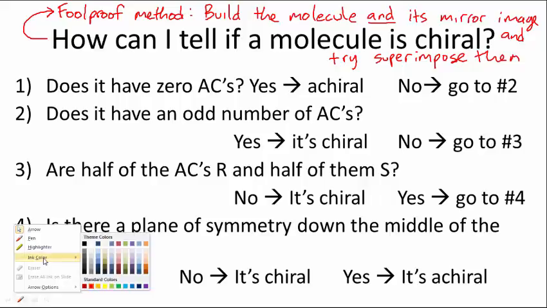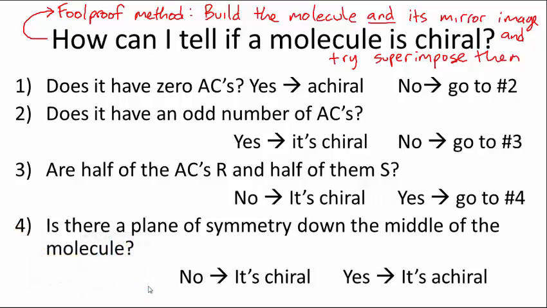There are some molecules with 0 asymmetric carbons that actually are chiral, but I'm not going to make you deal with any of them. They're all kind of weird in their own ways. So I will say for this achiral here, there are a few exceptions.